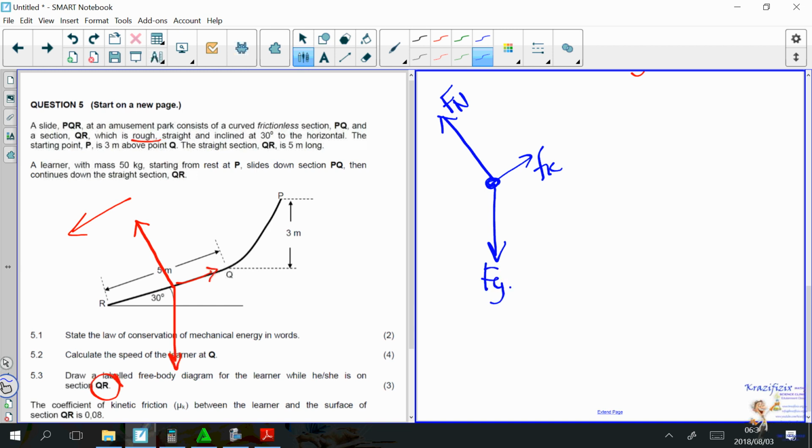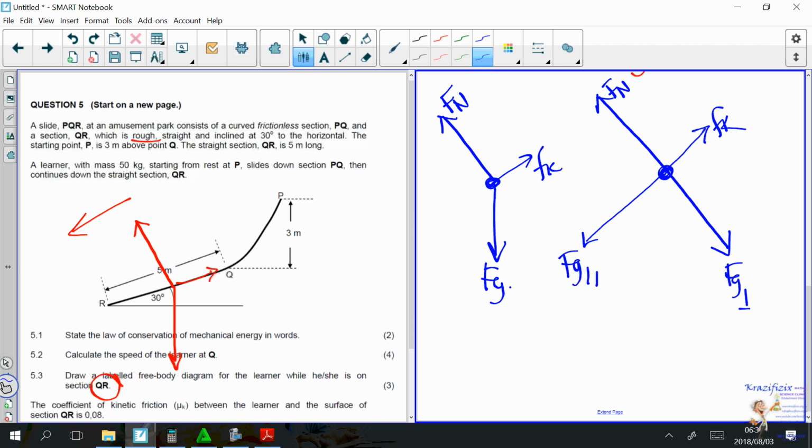Immediately on the side, on your rough page, quickly draw another force diagram where you have resolved. Here I'm going to have normal force. Here I am going to have Fg perpendicular. And here I'm going to have my friction as usual. Here I am going to have Fg parallel.